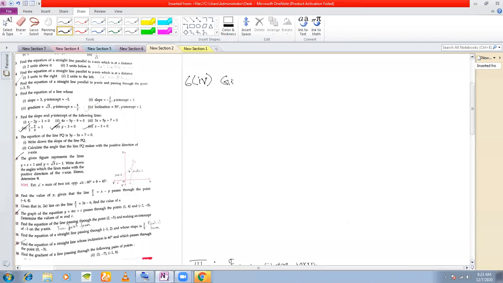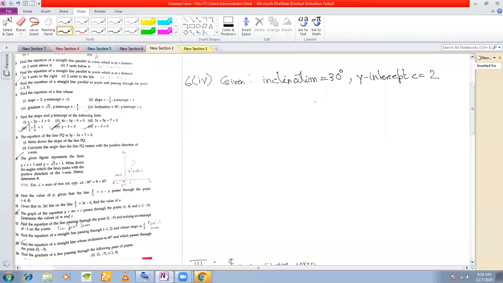So given inclination, inclination with which axis? Inclination with the x-axis. Inclination is equal to 30 degrees, and y-intercept c is equal to 2.